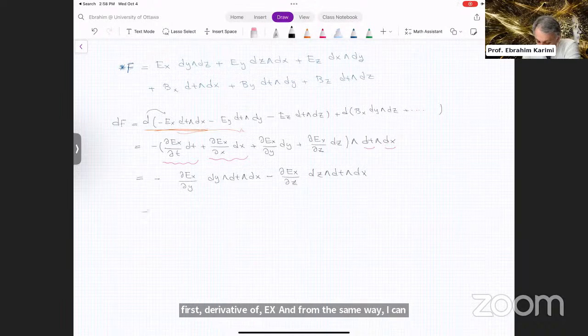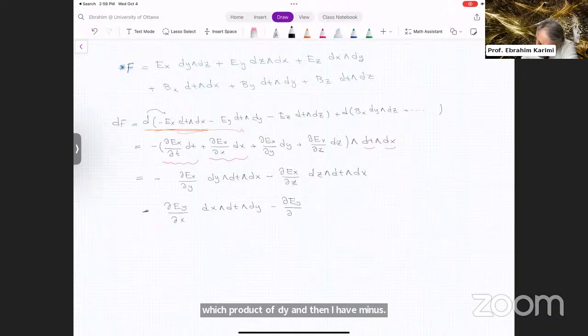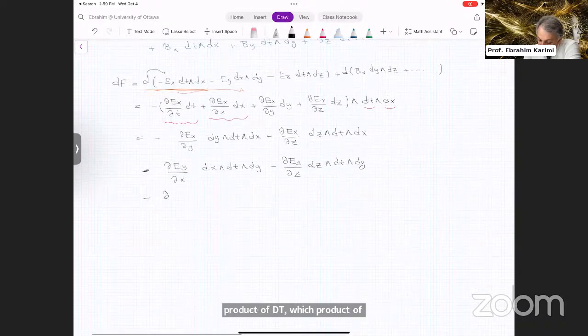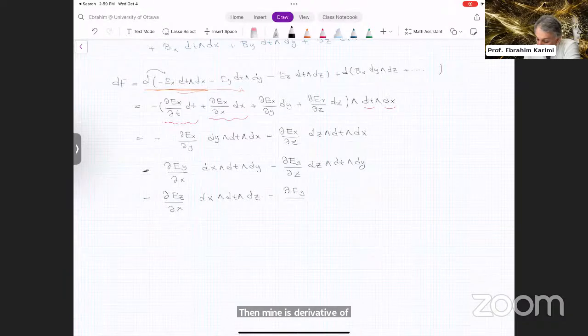In the same way I can do the calculation. The derivative with respect to time also does not play a role, so it will be the derivative of ey with respect to x, dx wedge dt wedge dy, and then minus the derivative of ey with respect to z, dz wedge dt wedge dy, and then minus the derivative of ez with respect to x, dx wedge dt wedge dz, then minus the derivative of ez with respect to y.